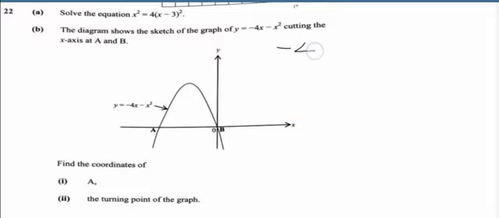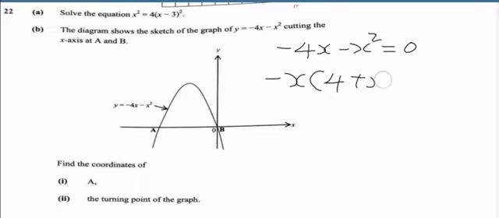So we have negative 4x minus x to the power 2 being equal to what? 0. So what we are going to do here, we need to factorize what is common. What is common in these two here is just negative x. So once I factor out negative x, here I'm going to have just 4, then negative x times negative x to the power 2, we are going to get positive x.